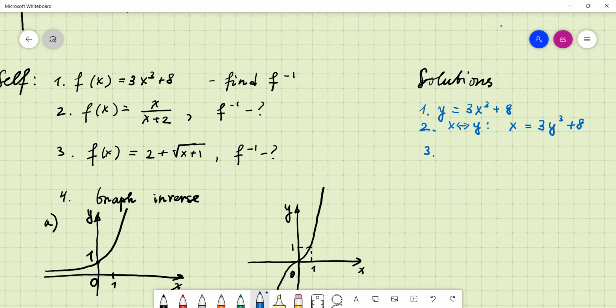I'm going to subtract 8 and have x minus 8 equals 3y cubed. And I'll need to divide by 3 both sides, right? So I'm going to have x minus 8 over 3 equals y cubed.